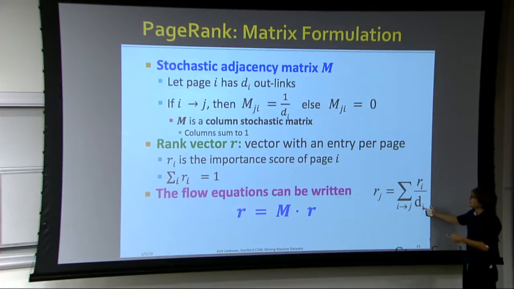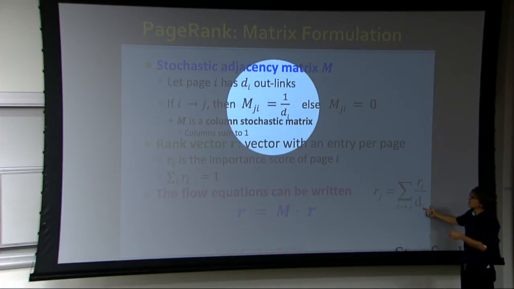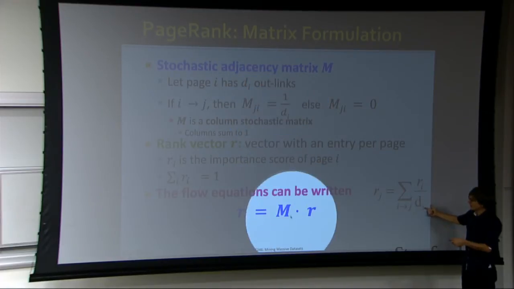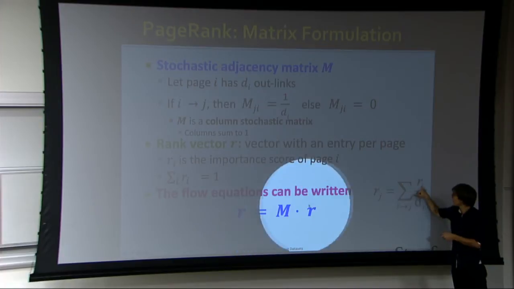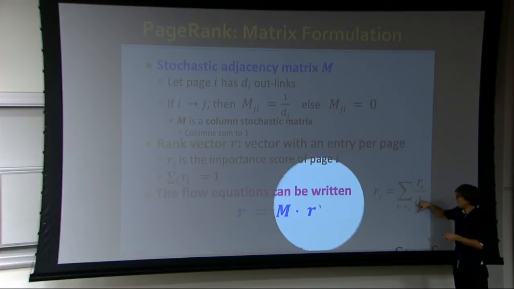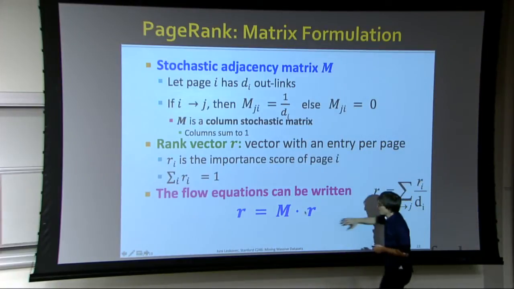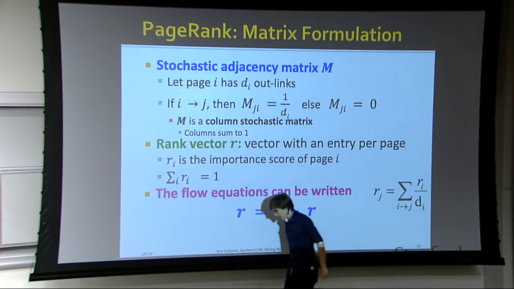In the M matrix up here, we store 1/degree of i. So what we are doing here is just saying the new r equals the old r summed up and multiplied by 1/d. So this in matrix notation is that, okay?